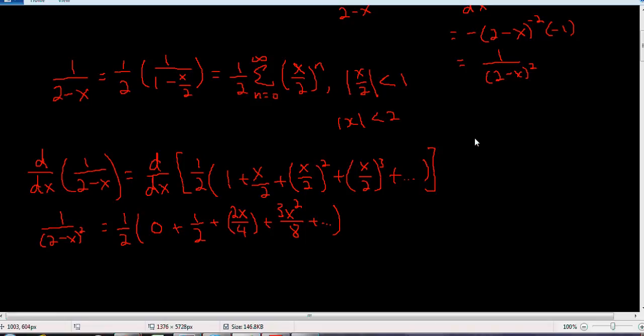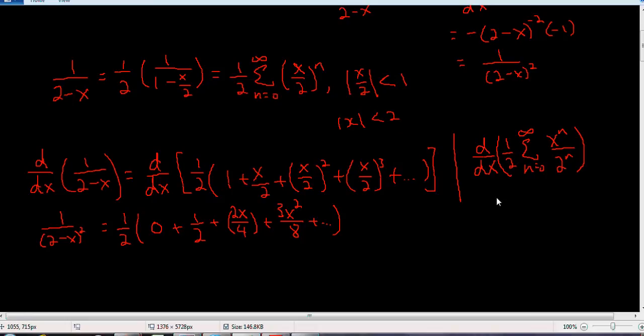So, comparing this to our original function, remember, one thing we can always do is work with the sum itself. If I take the derivative of my sum, the derivative, n equals 0 to infinity, of x to the n over 2 to the n, that's just expanding the x to the n over 2 to the n.